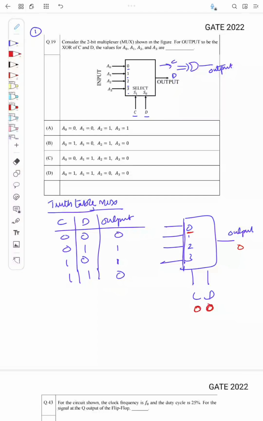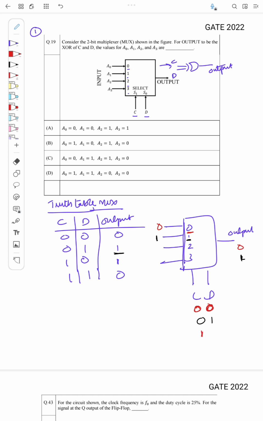So what should be the input here then? It should be 0. Okay, now when the input is 0, 1, then the output is 1. Okay, so we know when the input is 0, 1, input 1 will be selected, so here it should be 1.